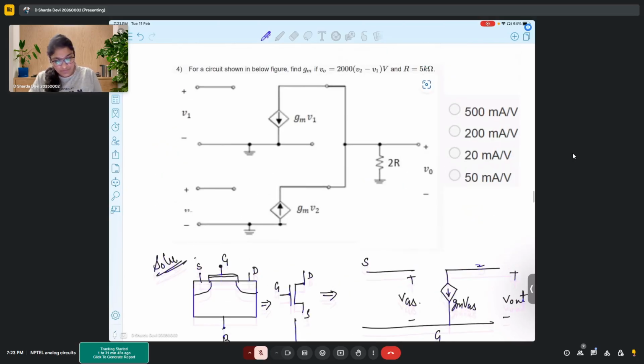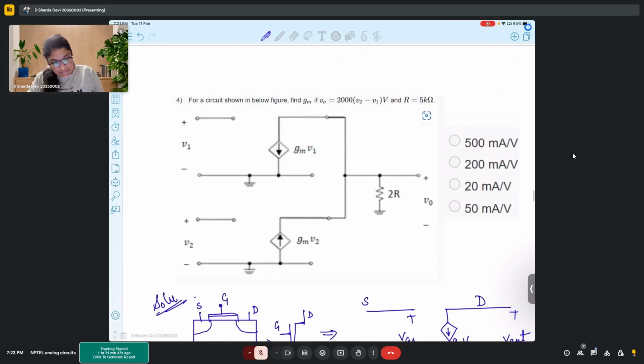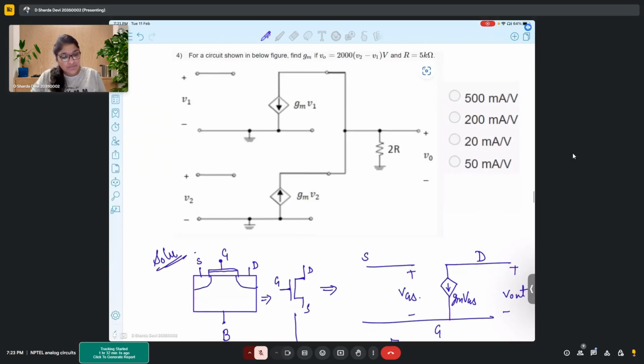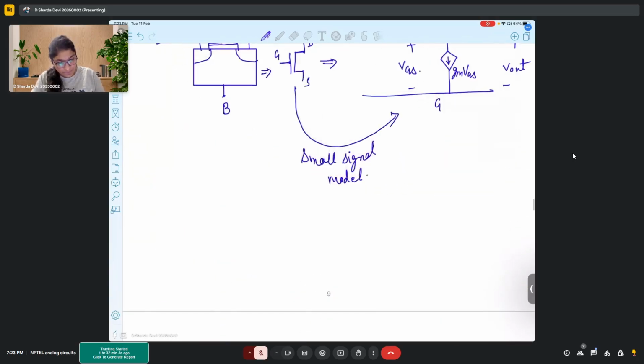Now here if you observe, it is given that in the circuit V out is 2000 times (V2 minus V1).